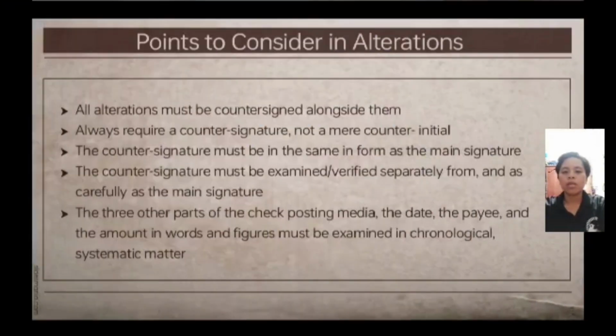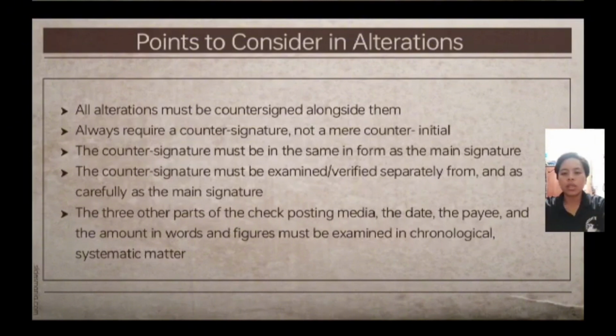Then, things to consider in alterations. All alterations must be countersigned alongside them. Always require a countersign, not a mere counter initial. Then, the countersignature must be the same in form as the main signature.